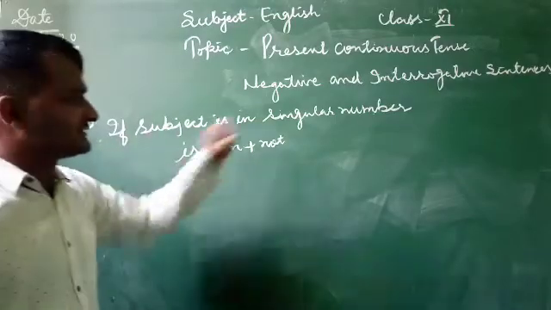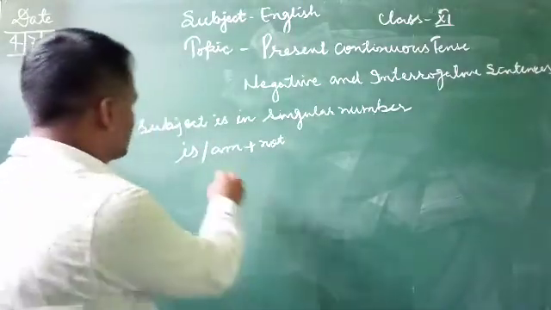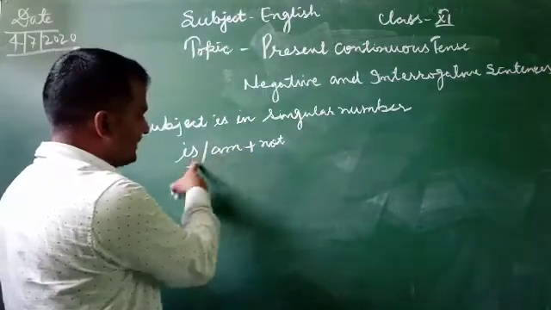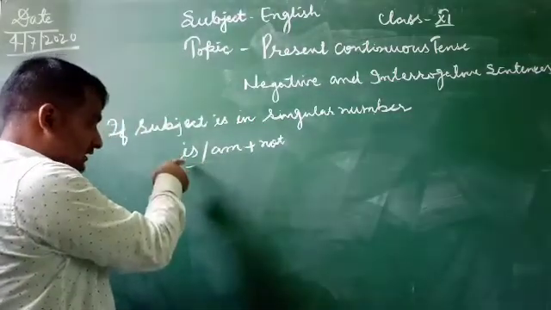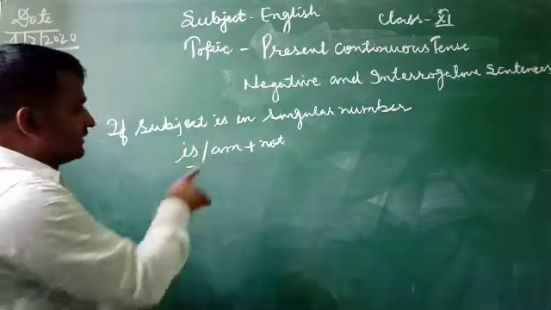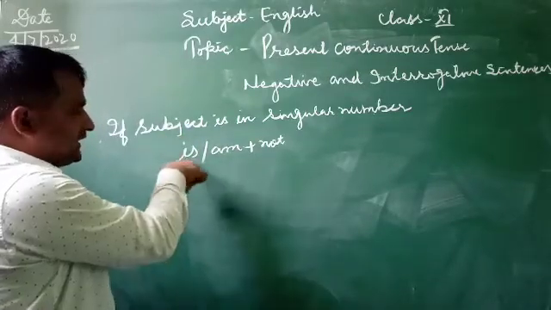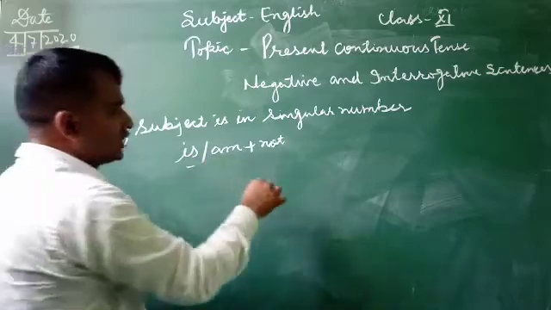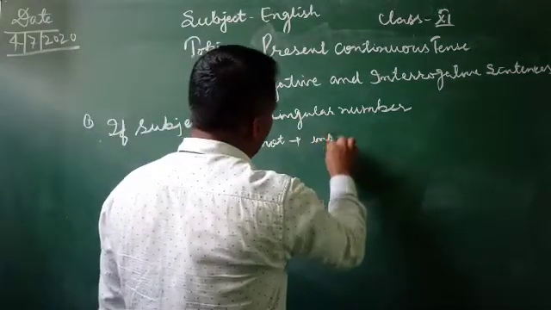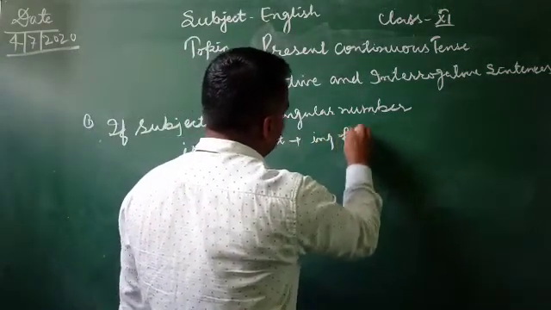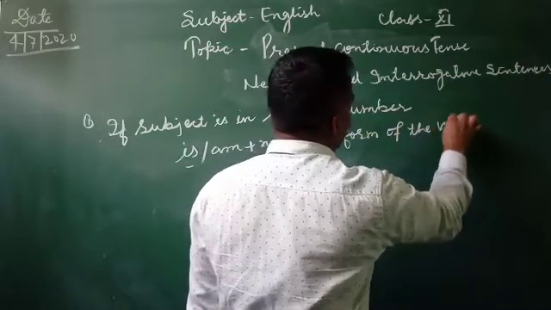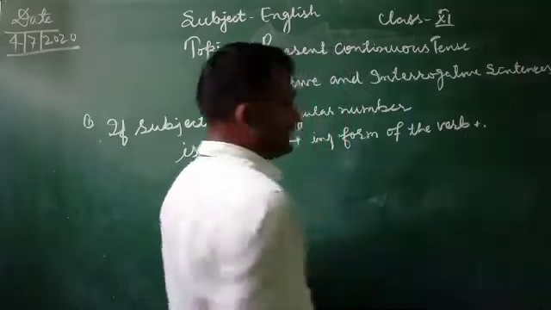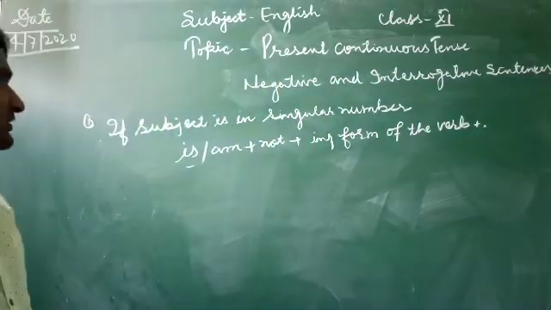If the subject is in singular number, we have to use is, and also am. You have to choose either is or am according to the subject. Is, am plus not plus the ing form of the verb, and at last you have to put a full stop.